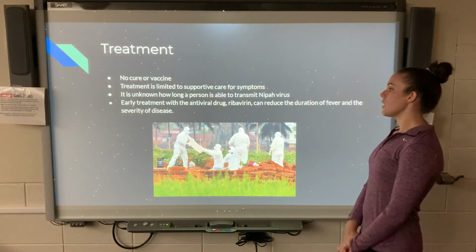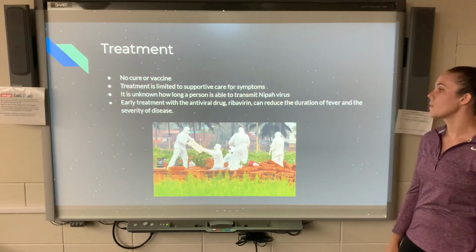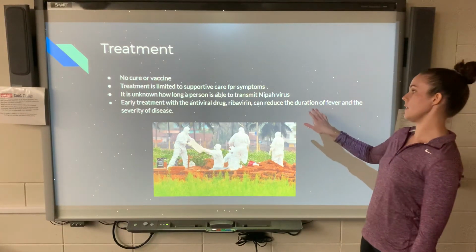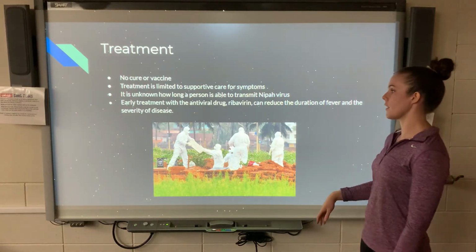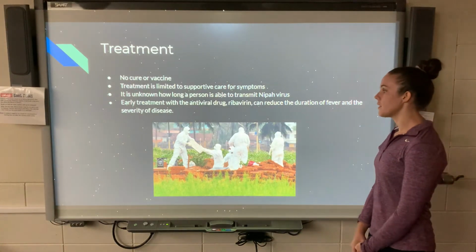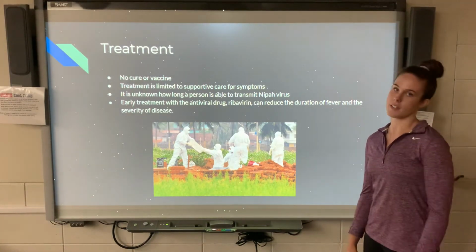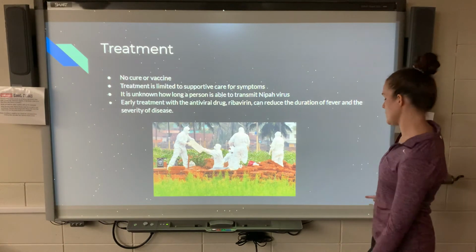So there have been some treatments for the symptoms of the virus. It helps if these treatments are done early with antiviral drugs. That can reduce some of the fever and the severity that happens with the disease.